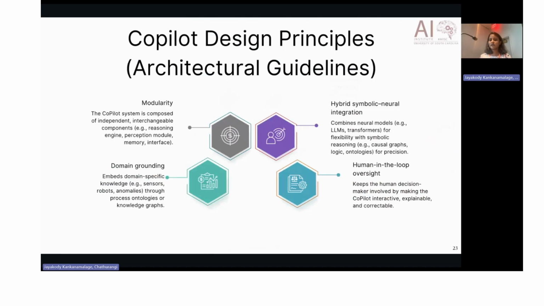So this is domain-specific knowledge that we can use in industrial-based copilots. We can use structured sources like external databases, ontologies or knowledge graphs to gather this external domain-specific knowledge. And finally, human in the loop oversight.